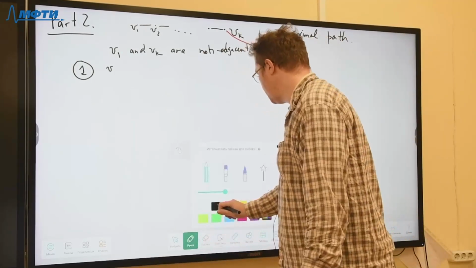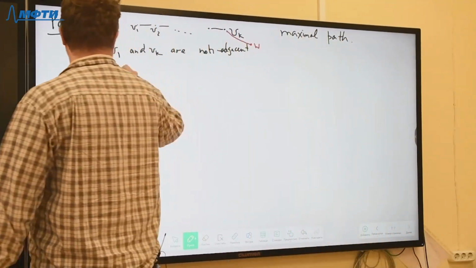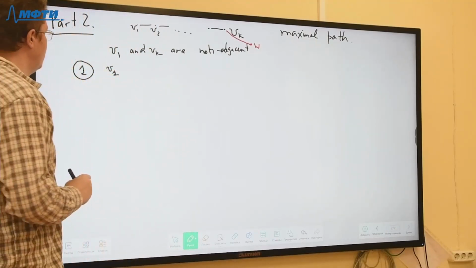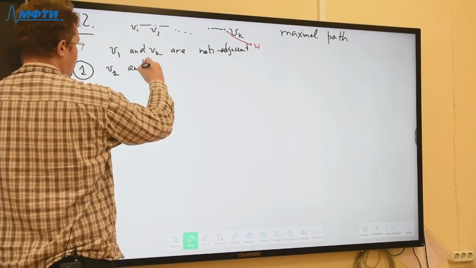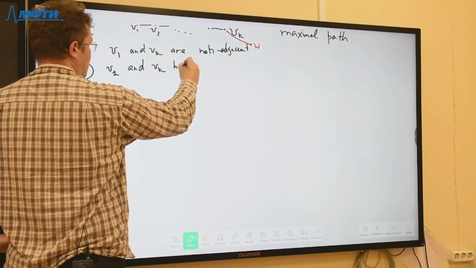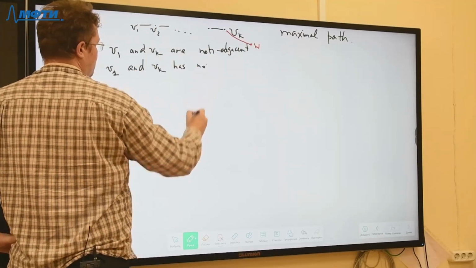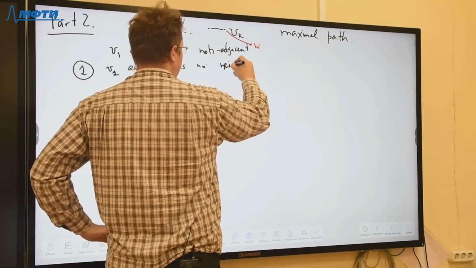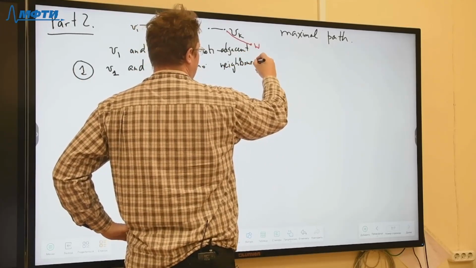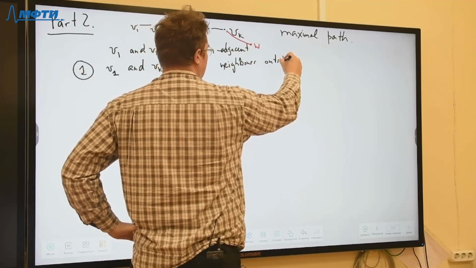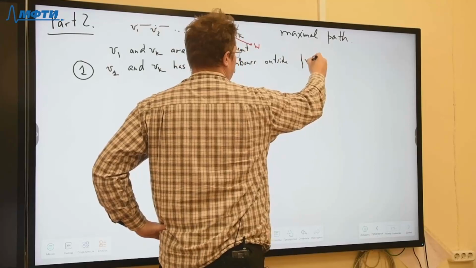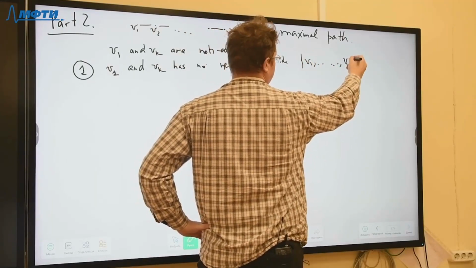That means that V1 and Vk have no neighbors outside the set V1 to Vk.